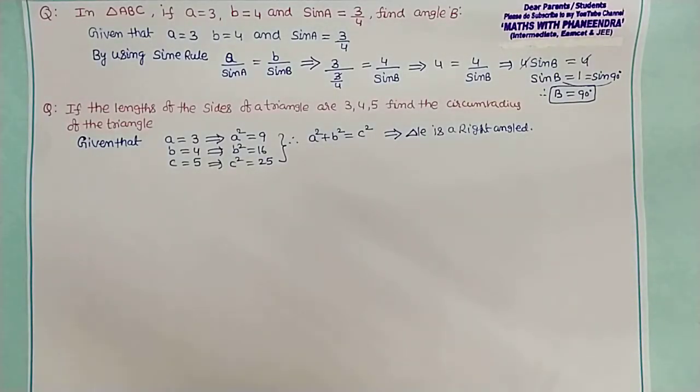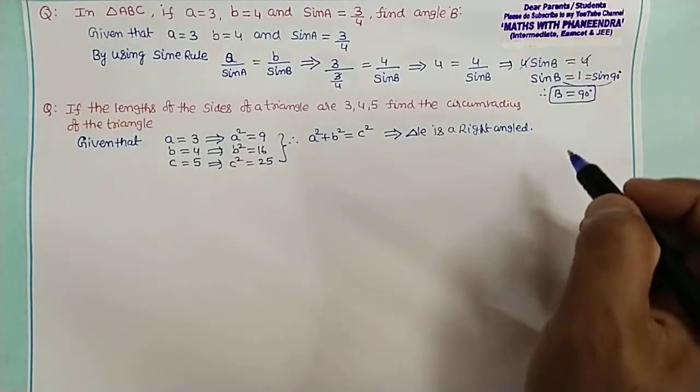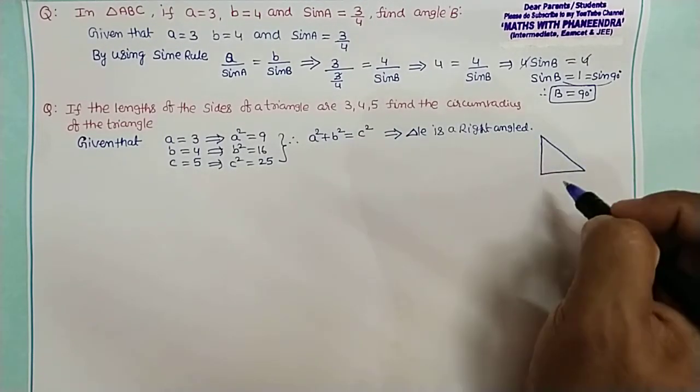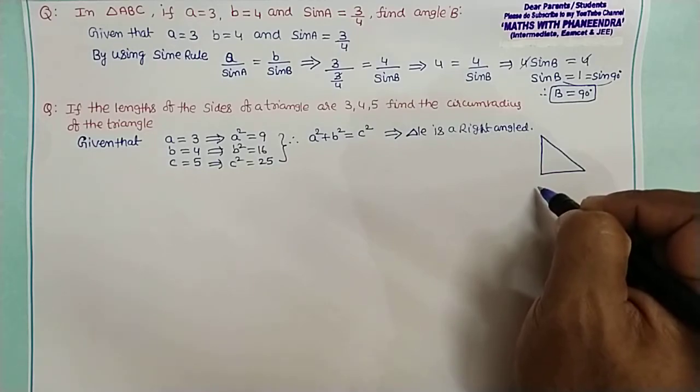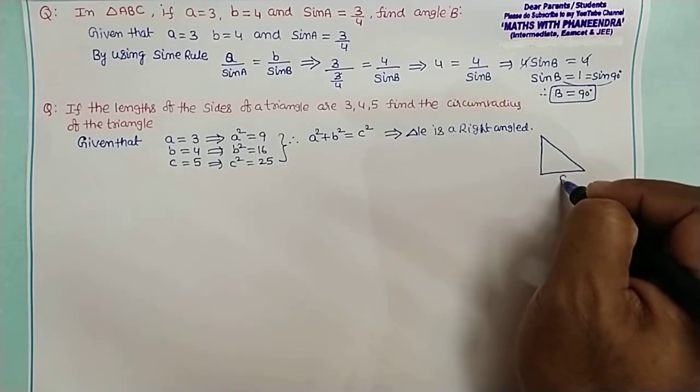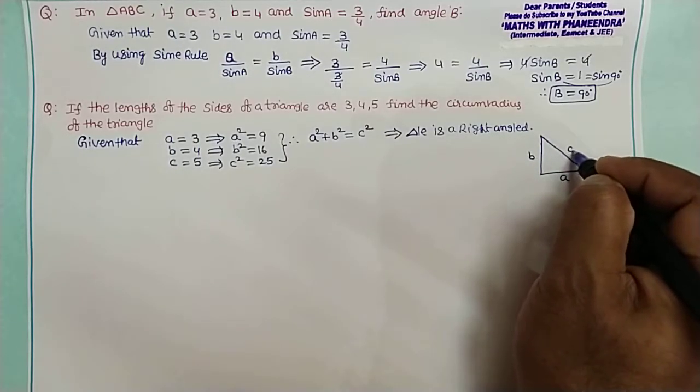So after that what we have to do? Whenever the triangle is right angled, see the rough diagram here. Right angle at C, this is A, small a, small b, which is equal to c.